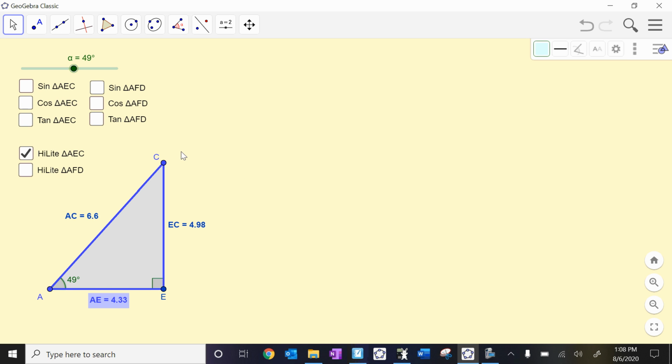So right now I have one right triangle. This right triangle has an angle measure of 49 degrees, and I have some side lengths in here as well. So I'm just going to focus on sine, but you could do this with cosine, you could do this with tangent as well. So if I typed in sine of 49, that would get me an actual decimal answer. So why don't you do that? I'll do it on mine as well.